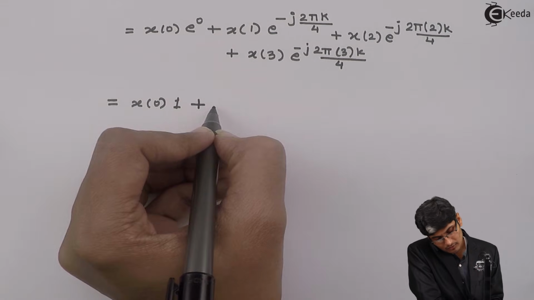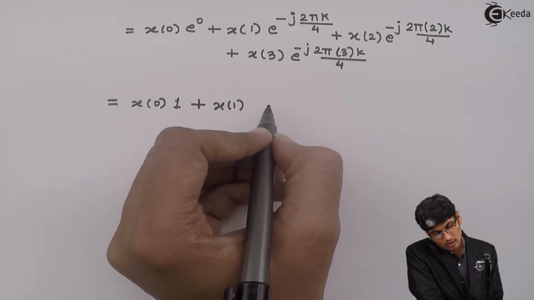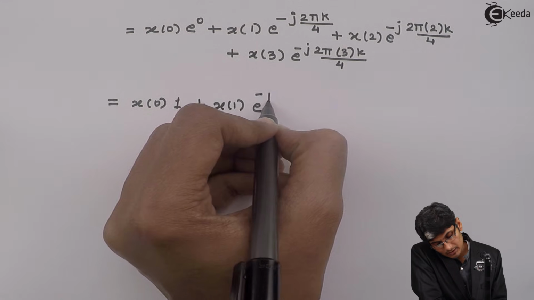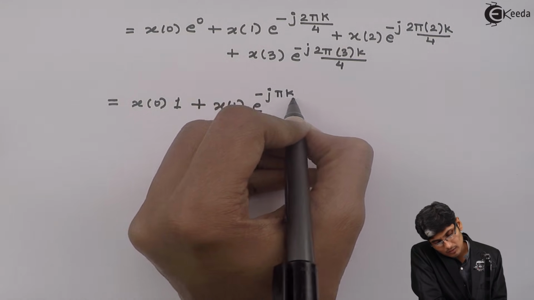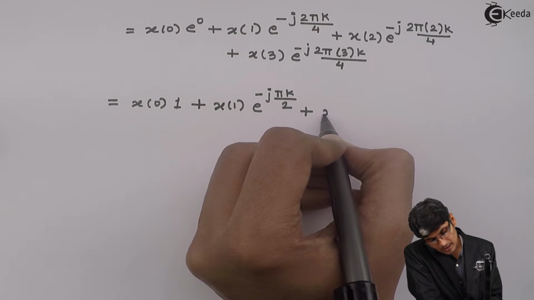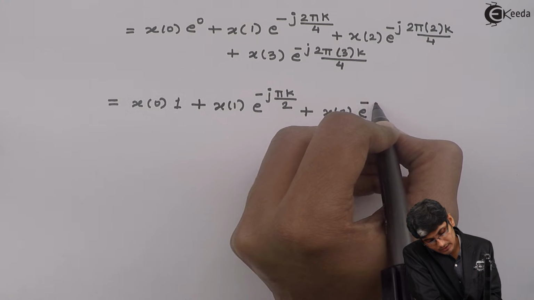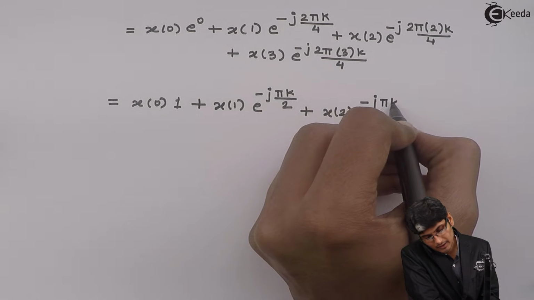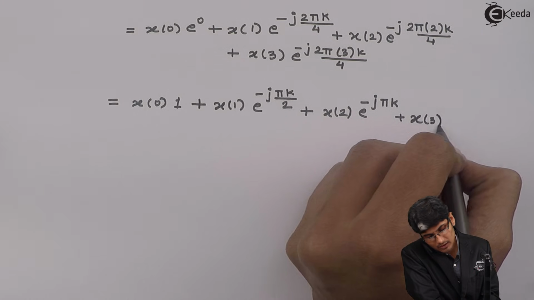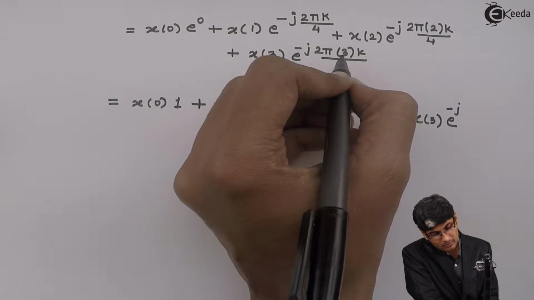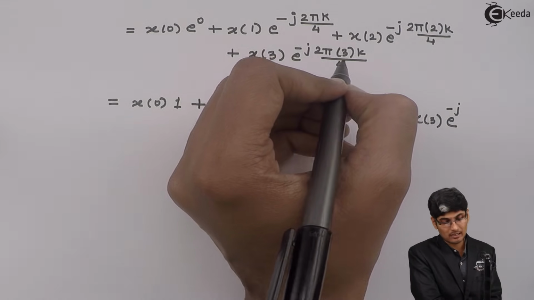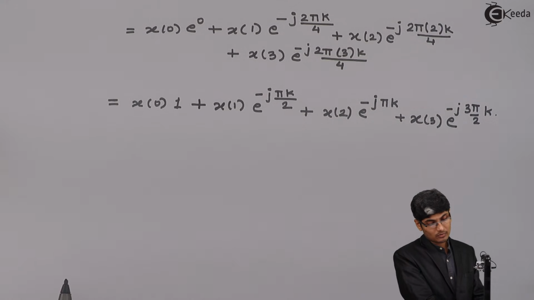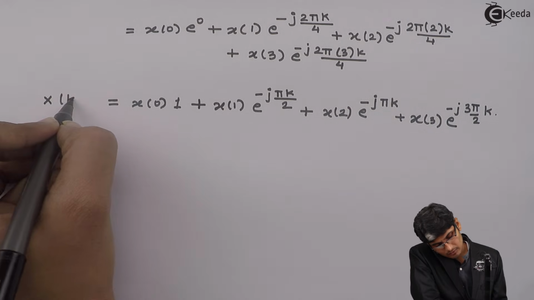Then plus x of 1 e raised to minus j 2 pi k by 4, so I can write it as e raised to minus j pi k by 2, plus x of 2 e raised to minus j, this is 4 by 4, so it becomes pi k, plus x of 3 e raised to minus j, this becomes 6 pi by 4, which is 3 pi by 2. Right. So now this is my X of k.